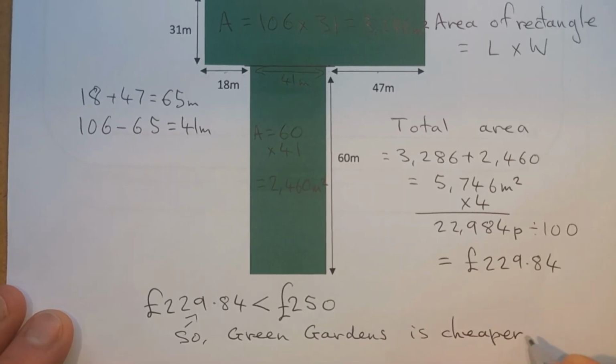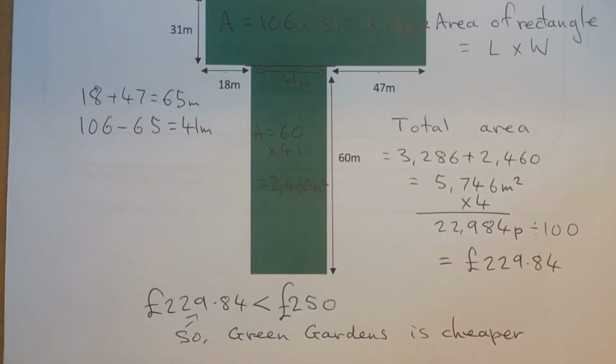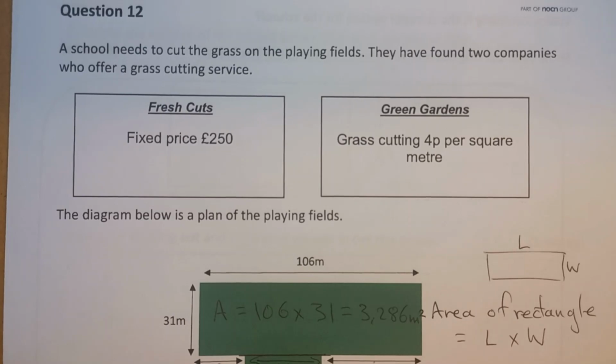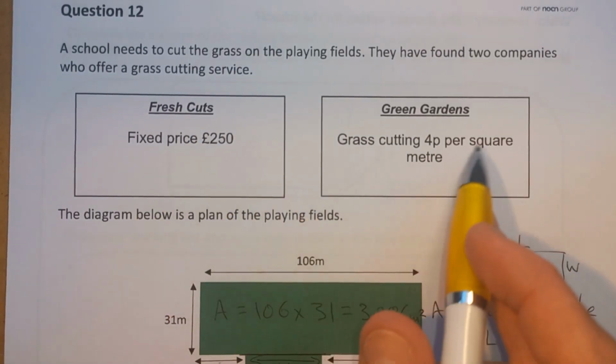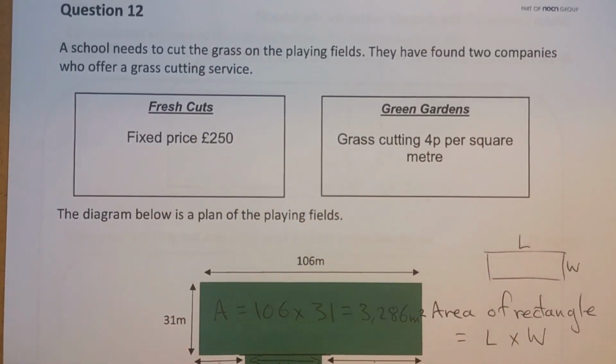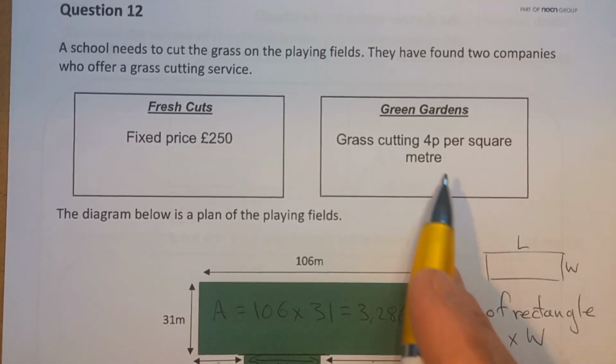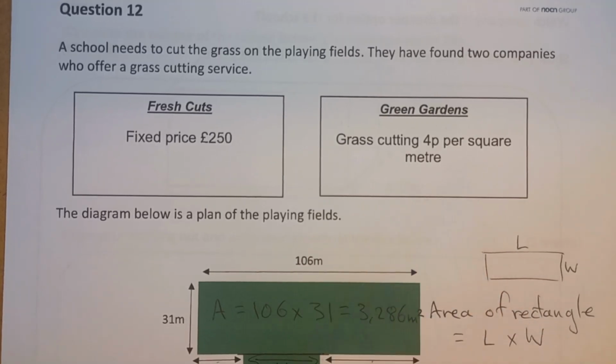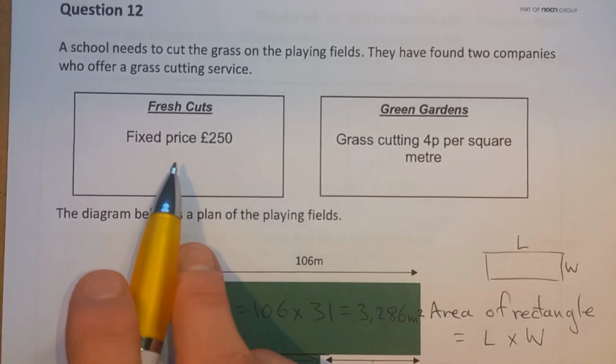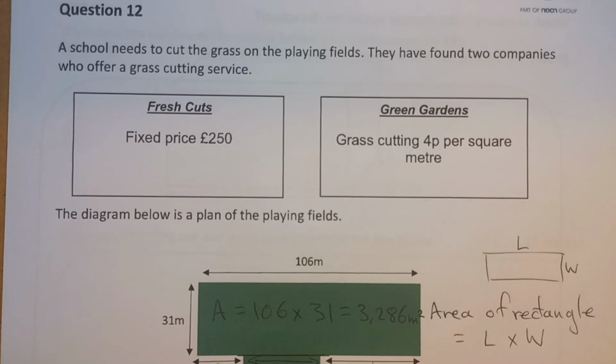It's cheaper. Okay. And just to check, yeah, Fresh Cuts was the fixed price, Green Gardens was this price. Okay. So it looks like if you've got a smaller area, then this one's going to be cheaper. If you had a much, much bigger area, then you'd probably be better off paying the fixed price.